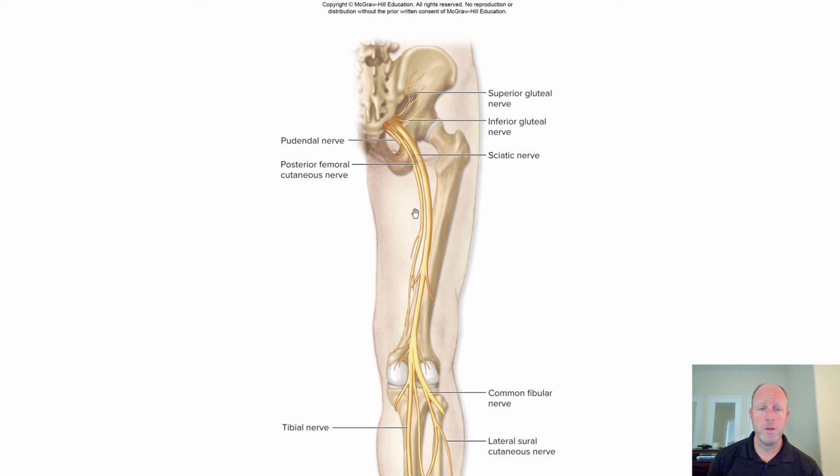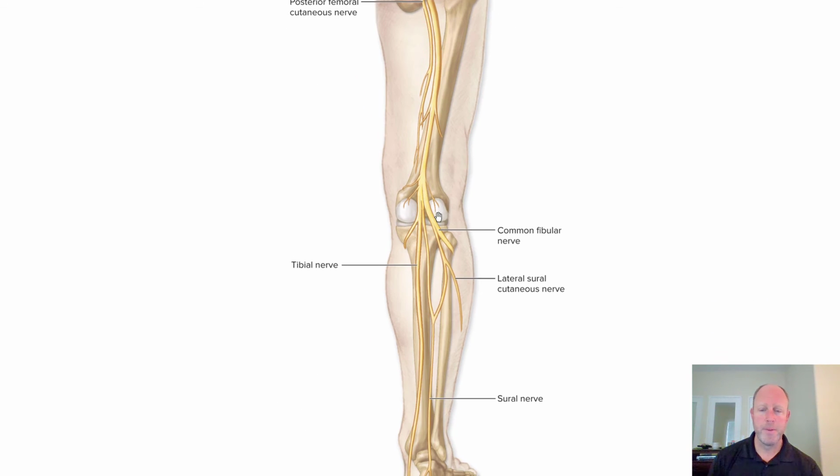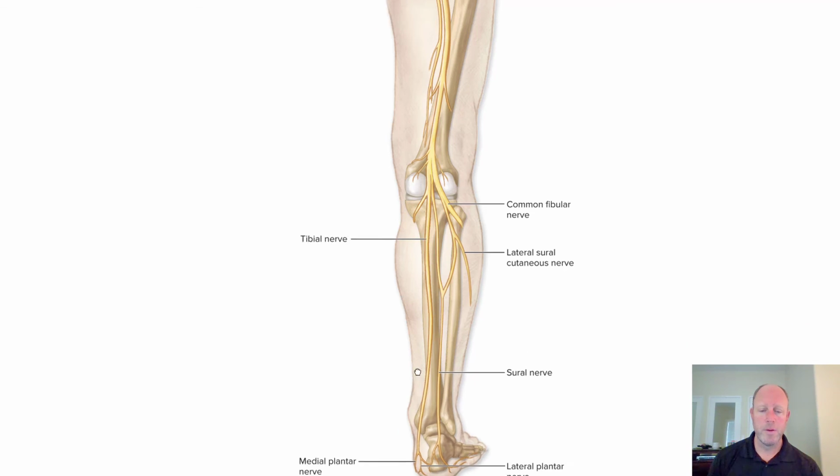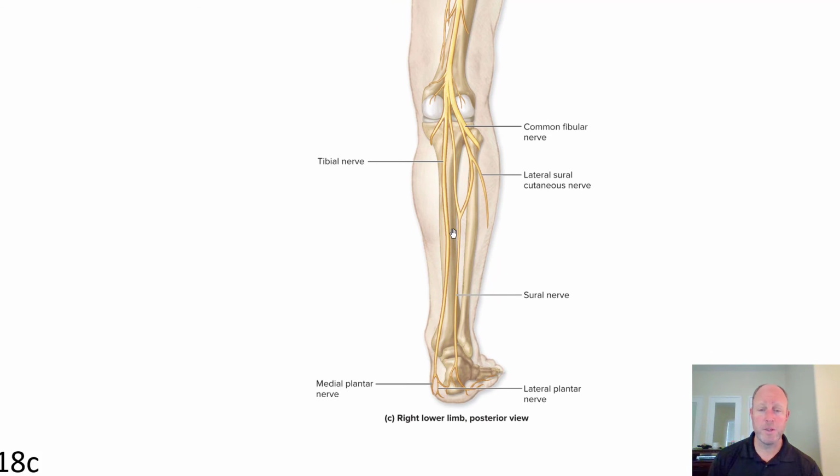Then we have our posterior femoral cutaneous nerve coming all the way through here. The common fibular nerve plays a role with movement at the fibula. The tibial nerve plays a role with motions at the foot. Our sural nerve as well, and our medial plantar nerve ending here, and our lateral plantar nerve here.